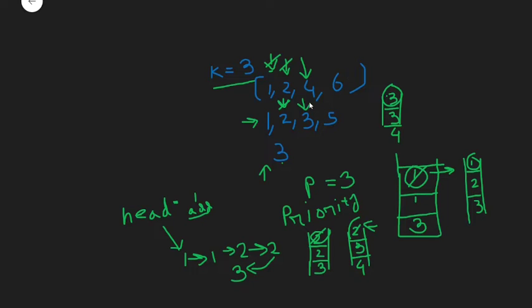Now again we can either increment this pointer or this pointer, right? Let's increment this pointer. So now our pointer will be pointing to this 5, right? And this 3 will be popped out, and we need to push this 5 into our queue, right? So 3, and then we'll be having 4, and then 5, right?